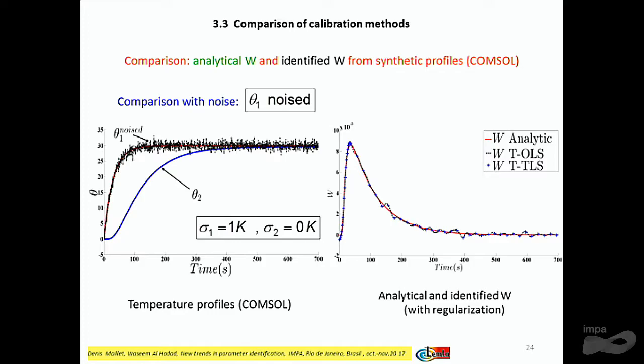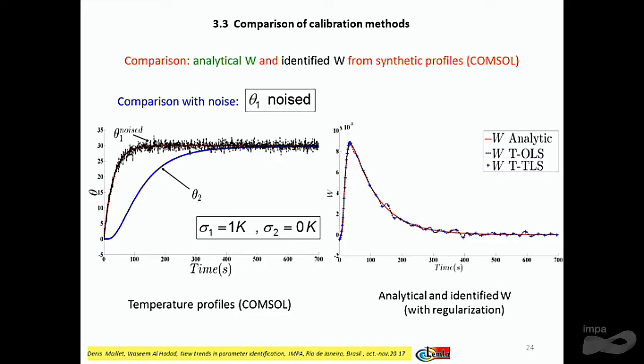So here are the results. We put some noise on the input and kept zero noise on the output. You have the exact analytical solution, and using either OLS or TLS, total least squares, you have nearly the same estimation, which is very good.